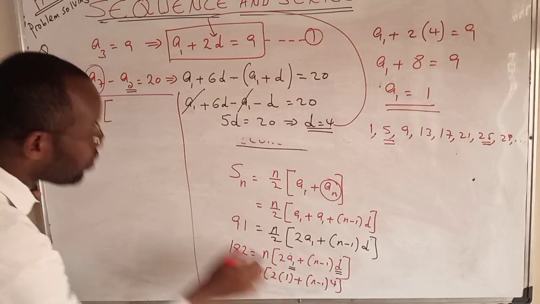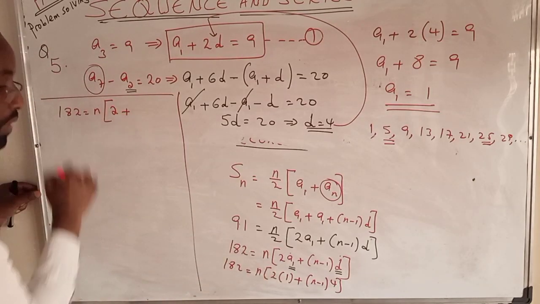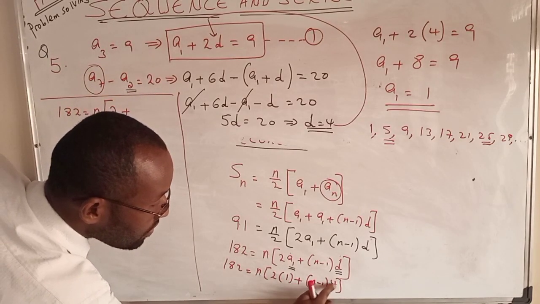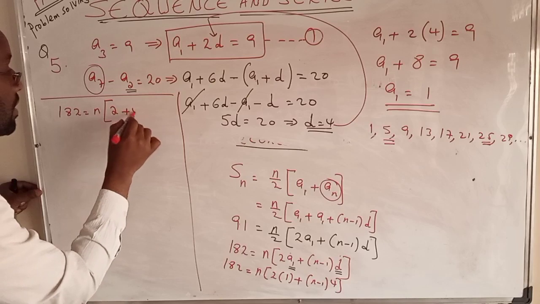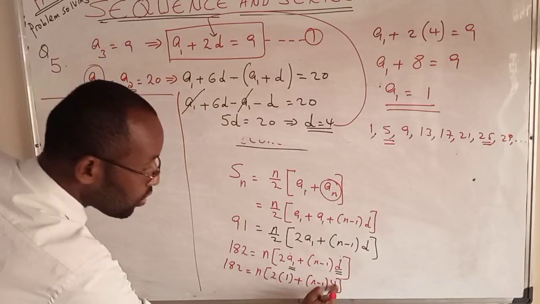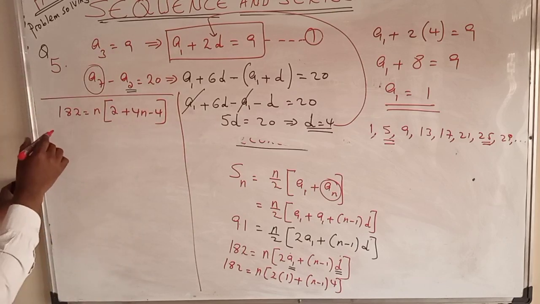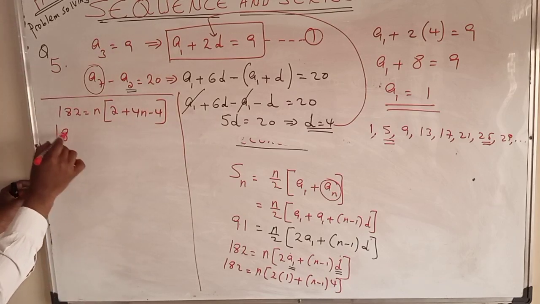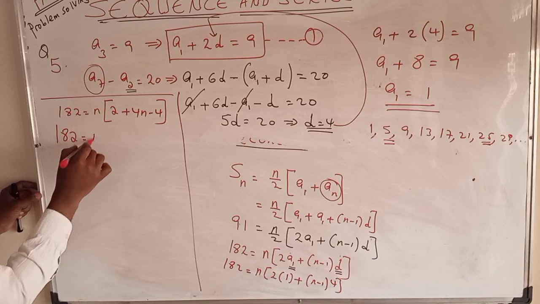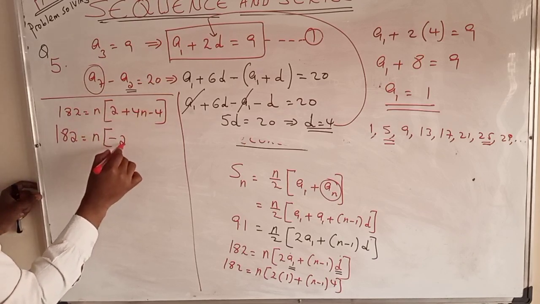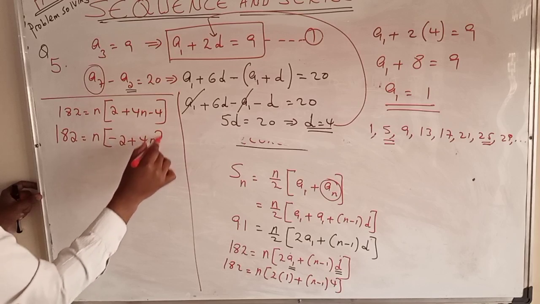Look at this now. 182 equals n times, now 2 times 1 is 2, plus 4 times n. Let us multiply this one by this. 4 times n is 4n, minus 4 times 1 is 4. Now 182 equals n into 2 minus 4, which is negative 2, plus 4n.